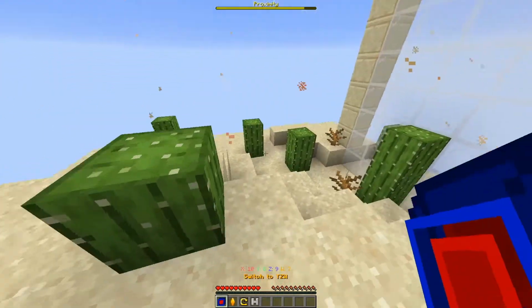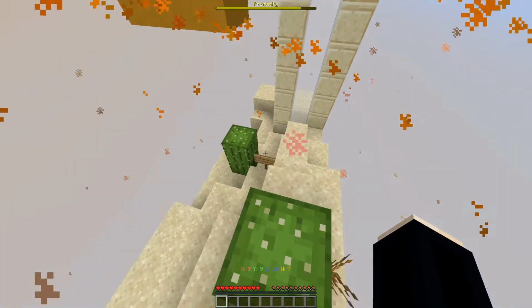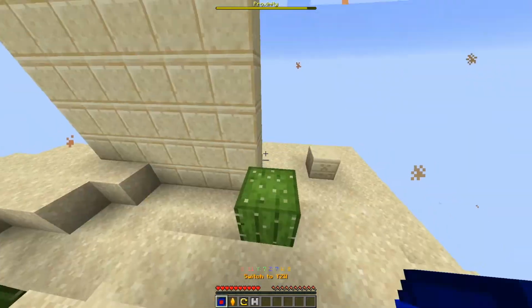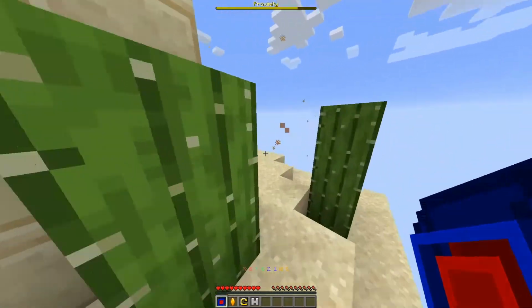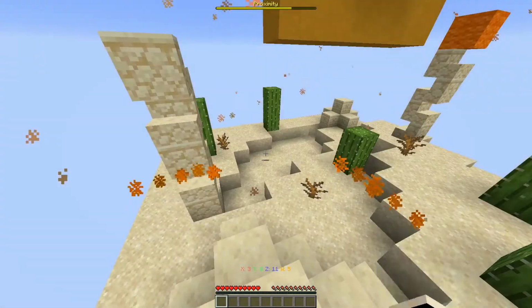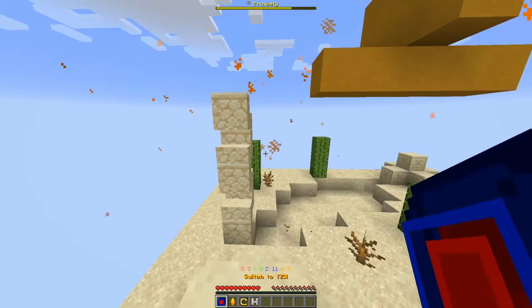I need to get higher. But how do I do that? The only way to get higher is to get on top of the cactus.